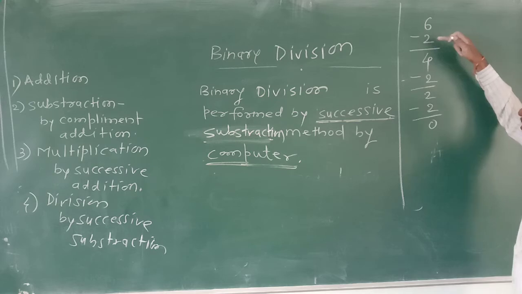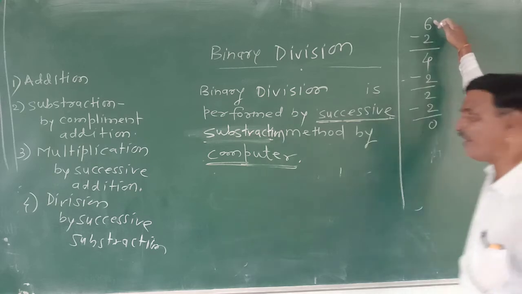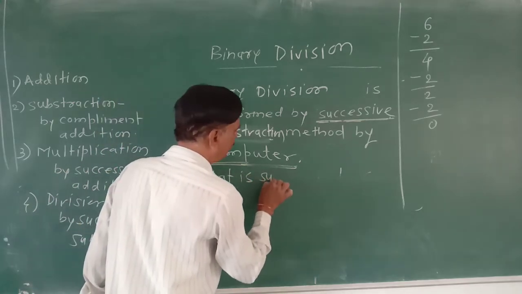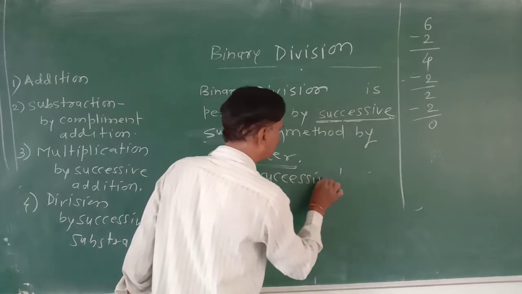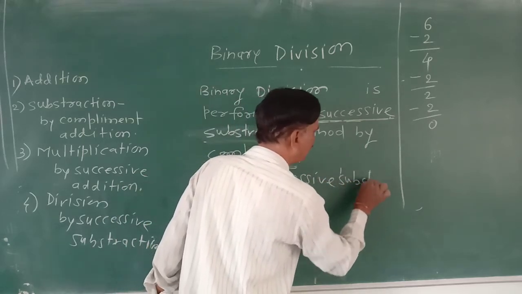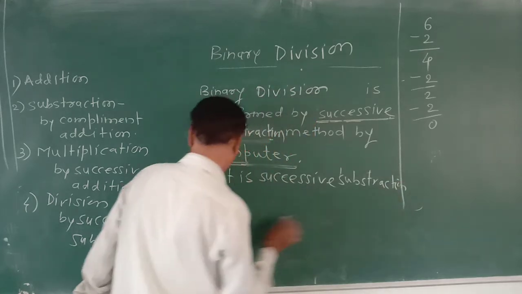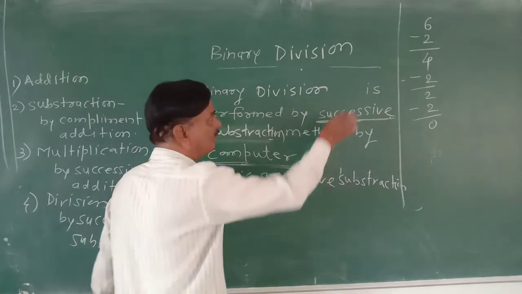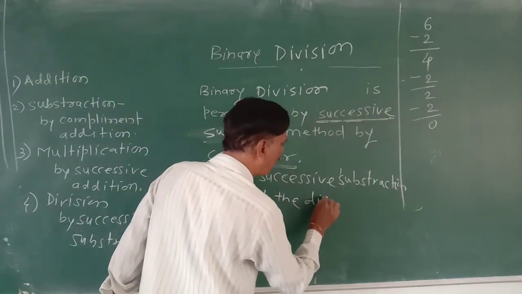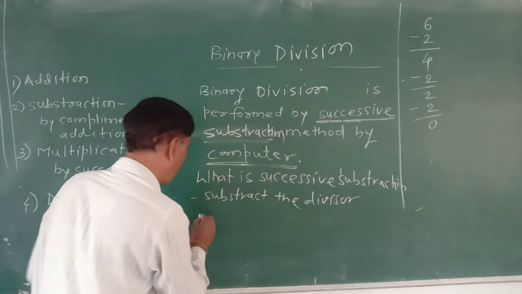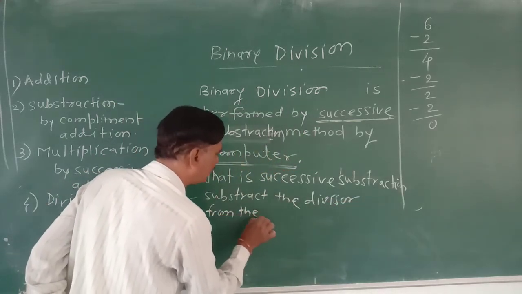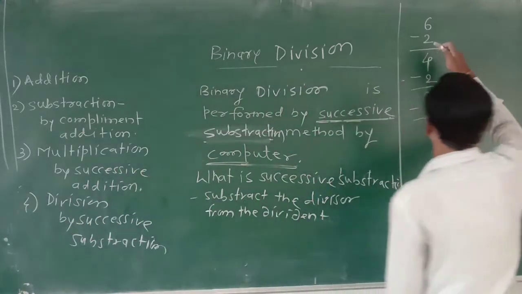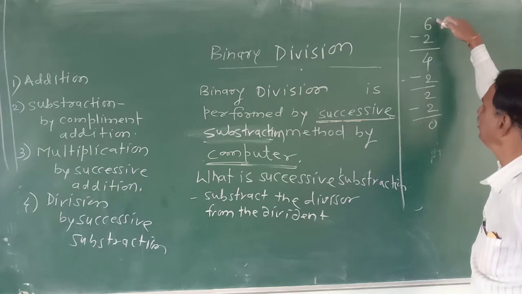So subtract the divisor from the dividend. What is successive subtraction? Subtract the divisor from the dividend.